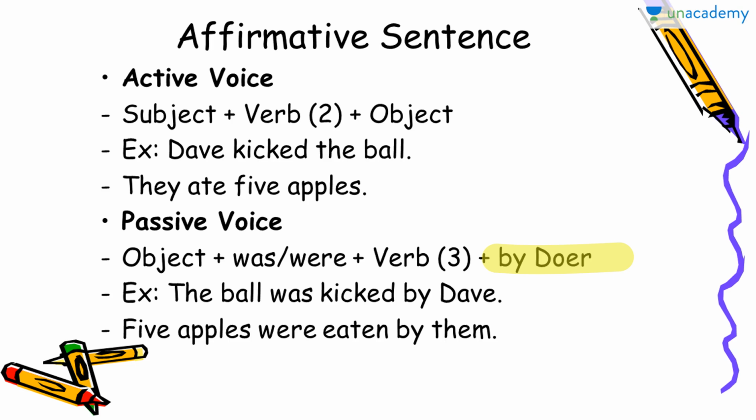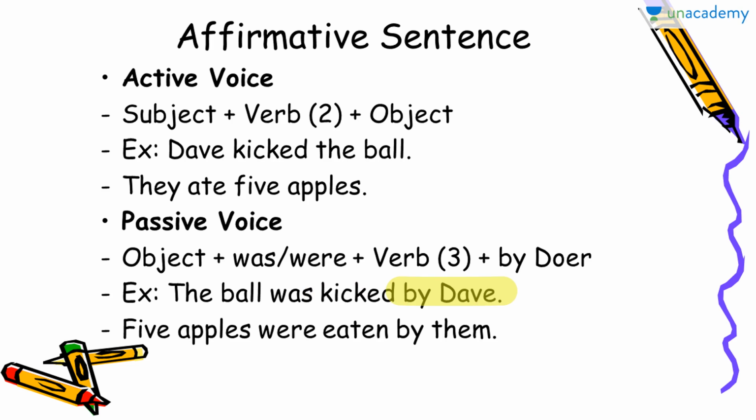For example, the ball was kicked by Dave. The ball, which was the object in active voice, comes over here in the starting of the sentence. The ball shows that it is a singular noun, so we will use was. Then kicked, which is the third form of verb kick, the past participle; the past form of kick is the same, kicked. Then by whom it is done, the doer is mentioned at the end of the sentence.